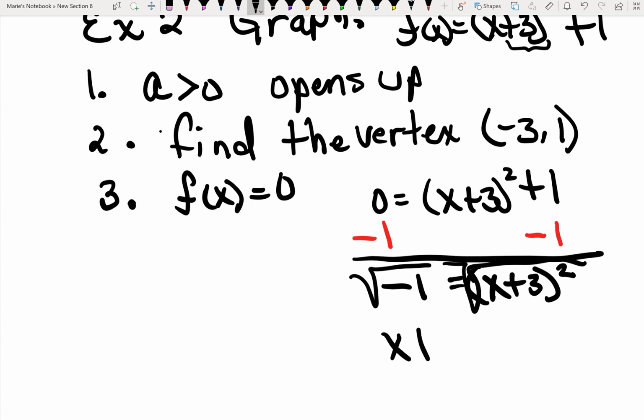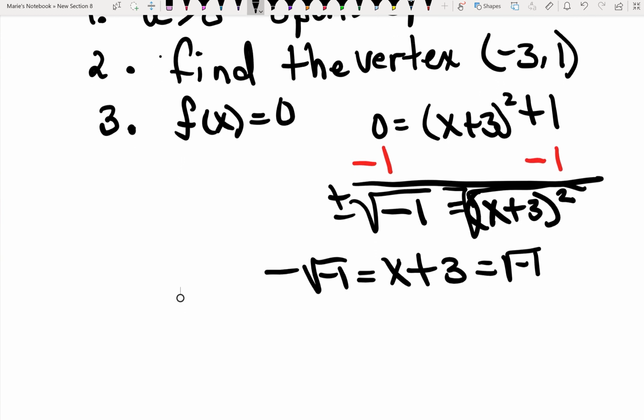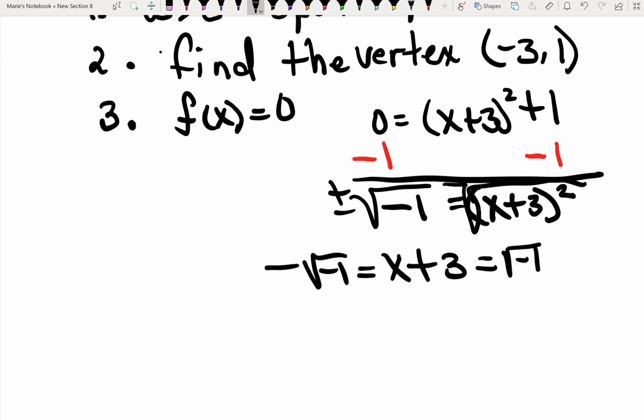So now I have x plus 3, I reversed them. x plus 3 is equal to the square root of negative 1, and it is also equivalent to the negative square root of negative 1, because remember, it's always plus or minus the root, right? And so if I solve for either side, remember that the square root of negative 1 is equal to i.